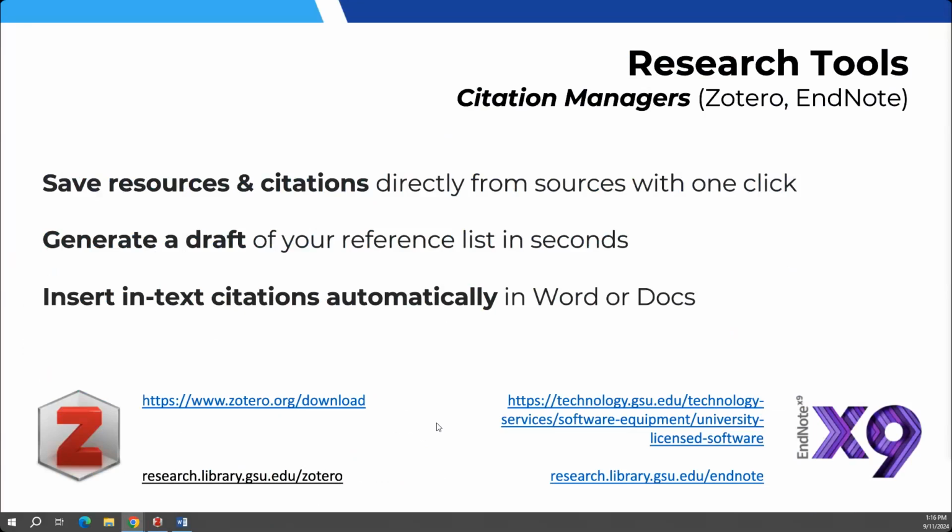But if you happen to be working in the future with a team, maybe a research team where not everyone has EndNote, that's something just to be aware of, because as far as cost goes, if somebody doesn't have access to EndNote without paying for a new license, that could be a difference in what citation manager you choose. But these are really great. One of the closest things we have to having a magic button. So I highly recommend getting this downloaded and sorted out before you start your research projects.